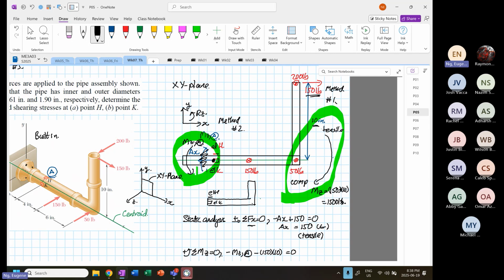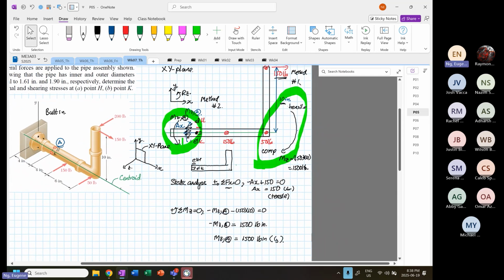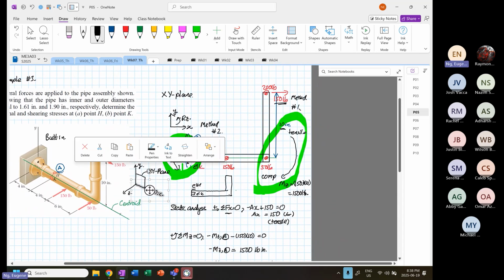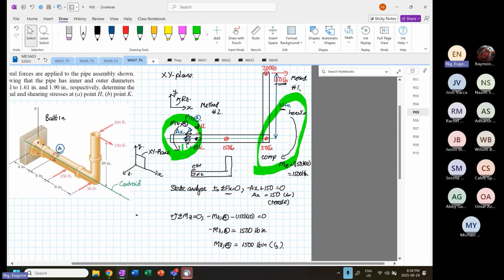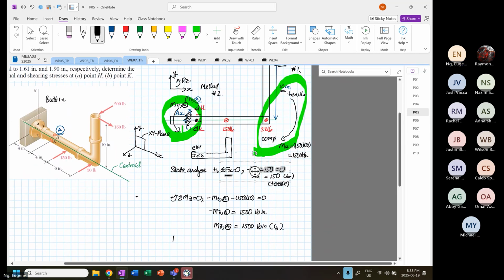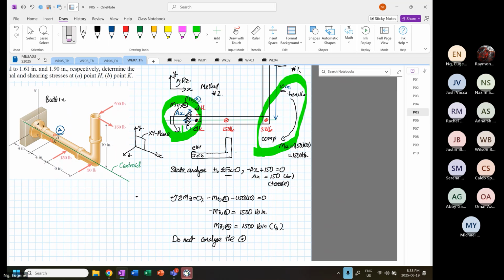Are we clear? Okay. Now, if you look at this XY plane, are there any other forces for you to analyze? The answer is no. So, ignore, do not analyze the dots and the crosses.